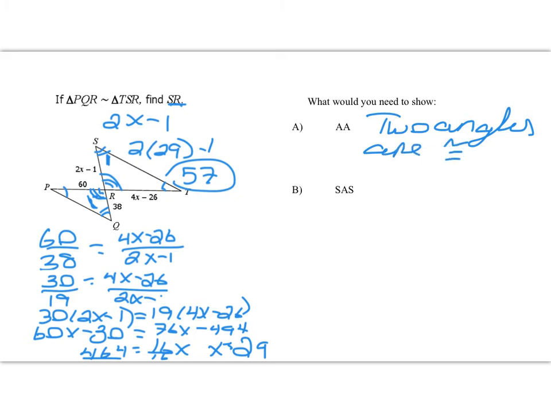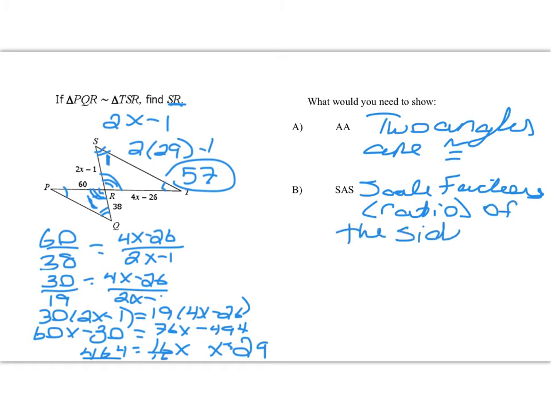And then for the next one, you want to say that the scale factors of the sides are equal, or your ratio. Scale factors or do the ratio. And then you would want to say the two angles are equal.